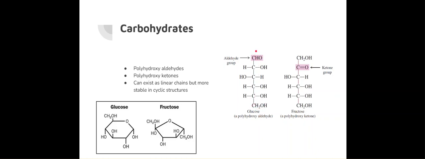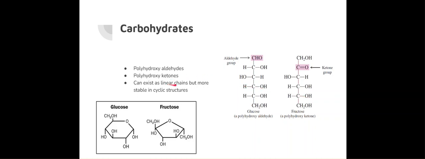And up here we have an aldehyde group. So this is a polyhydroxyaldehyde. Fructose, a common component in fruits, has a ketone group rather than an aldehyde group. And quite often you end up with an alcohol on either end like this, but here's a ketone group. And then of course you have the polyhydroxy groups in here as well.